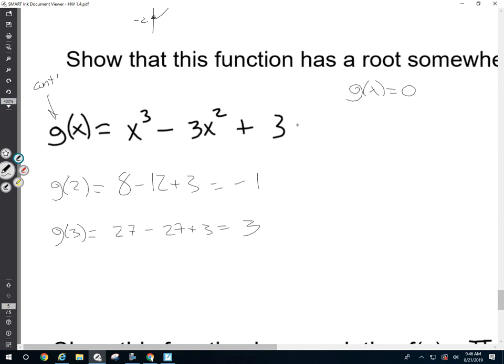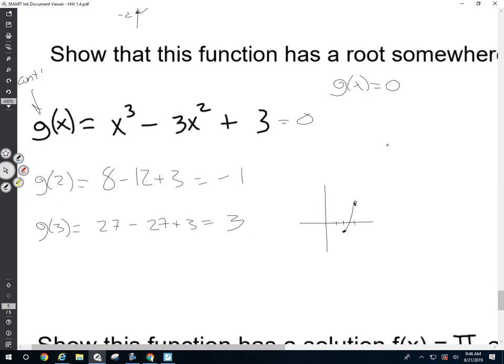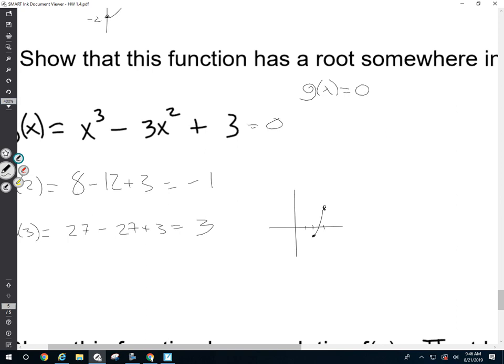Again, I'm not going to try to solve this. It's not going to be something I can do by hand. Okay? Maybe it is. In this case, it's not. But I do know that I have the points (2, -1) and (3, 3), which means I must cross through y equals 0 in at least one location between 2 and 3.